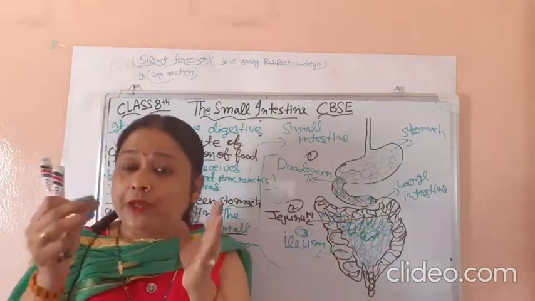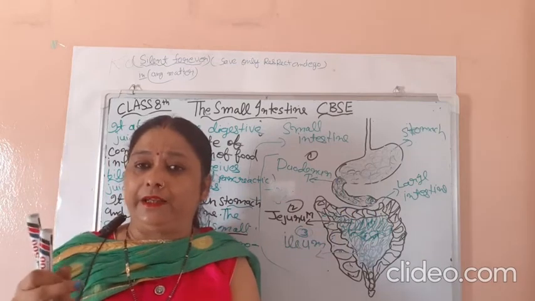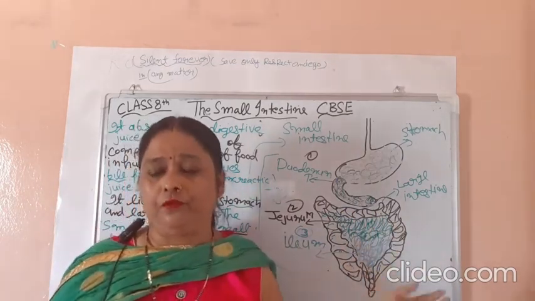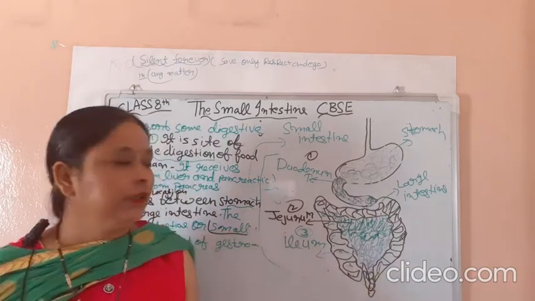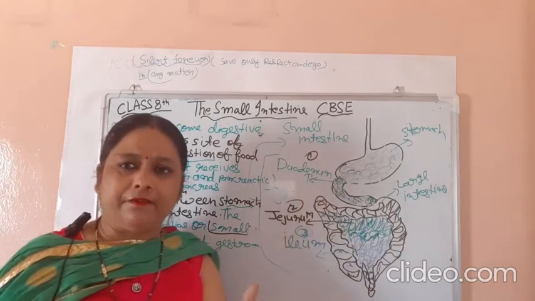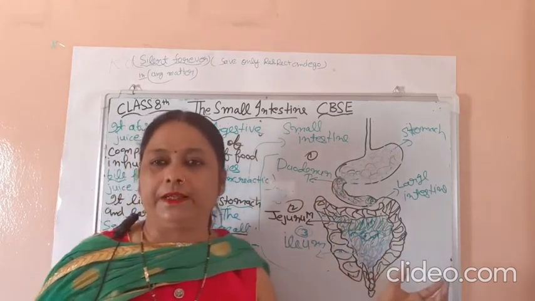This is the most important: bile and pancreatic juice digest the carbohydrates and fats of food, which we will cover in the next session.